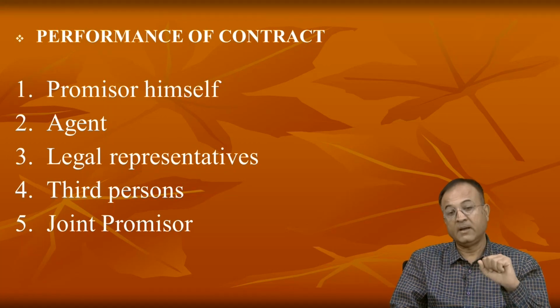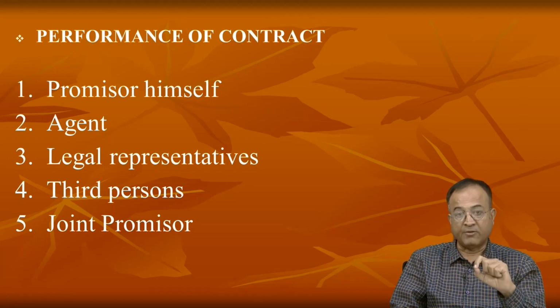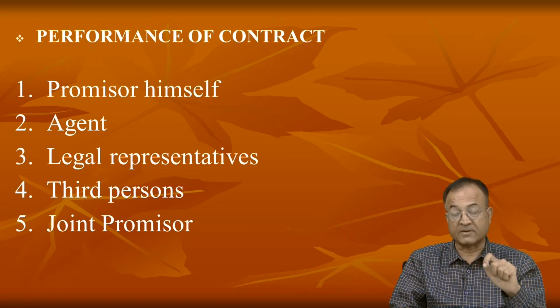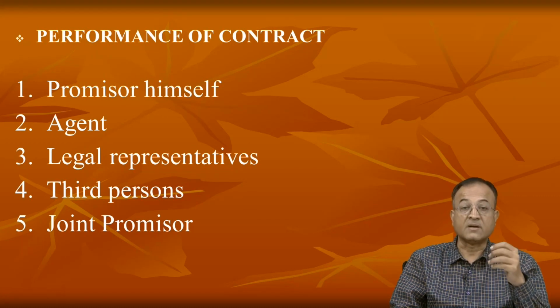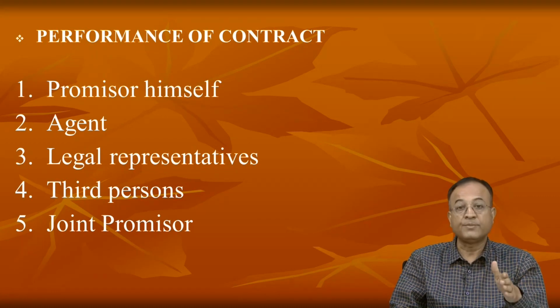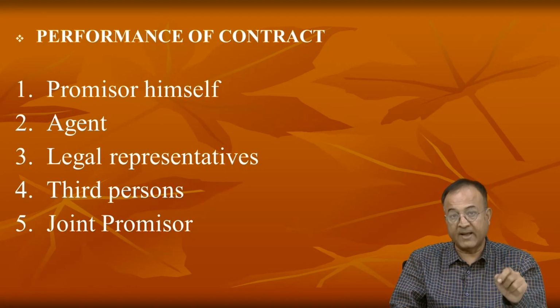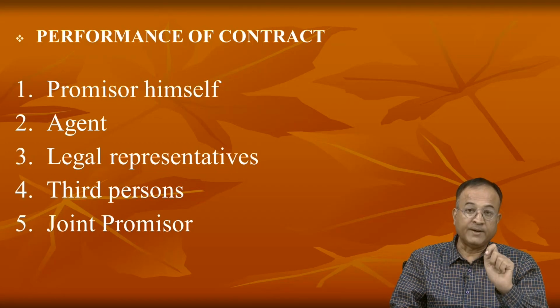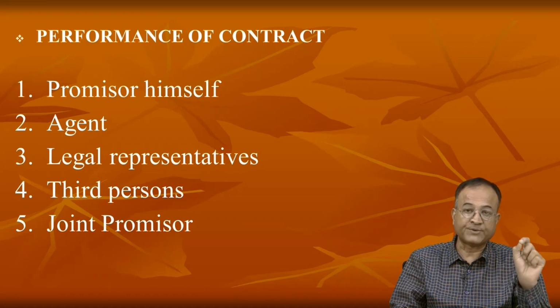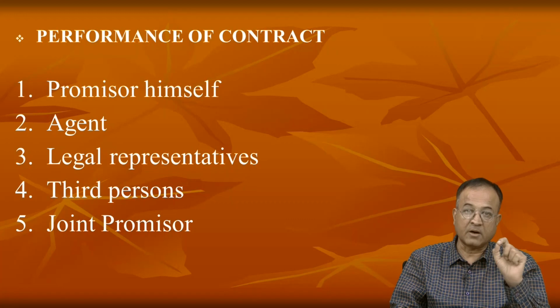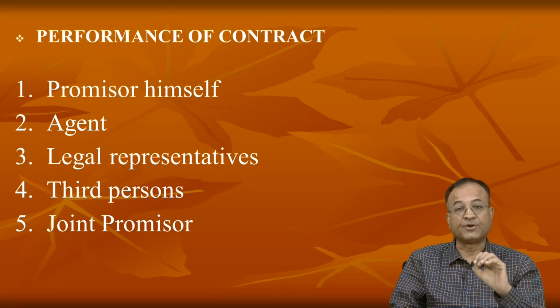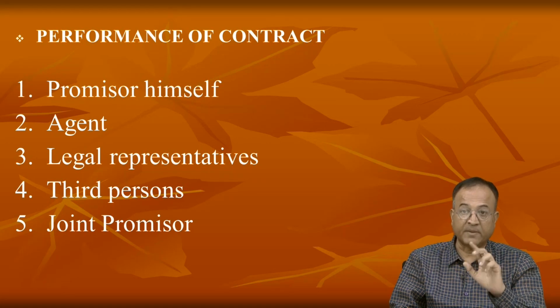Third, legal representative. A contract which involves the use of personal skill or is founded on personal consideration comes to an end on the death of the promisor. The rule of law is actio personalis moritur cum persona, means a personal action dies with the person.